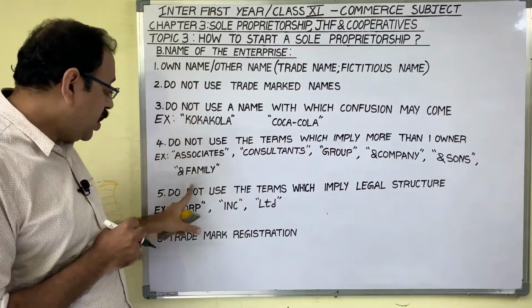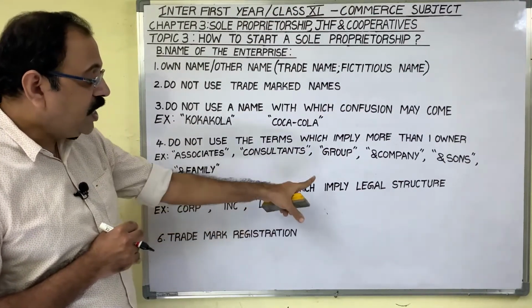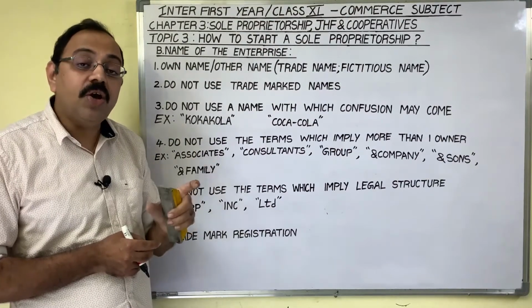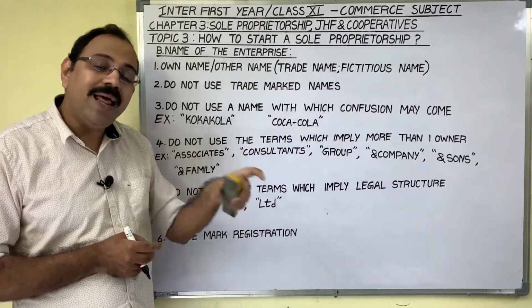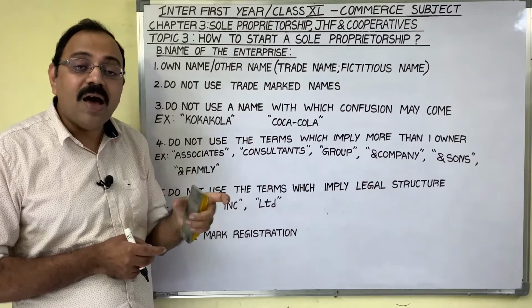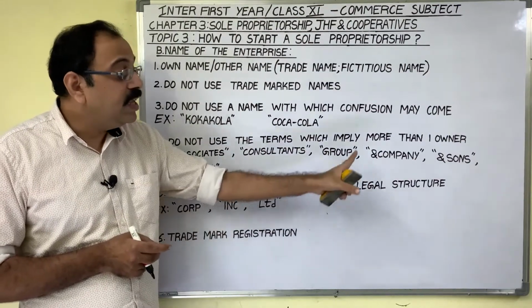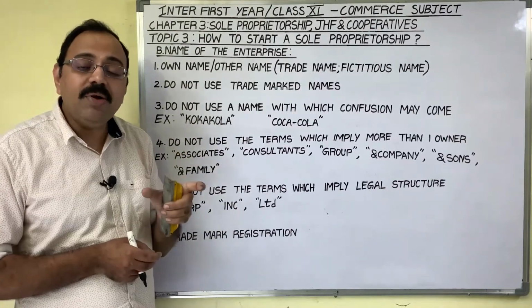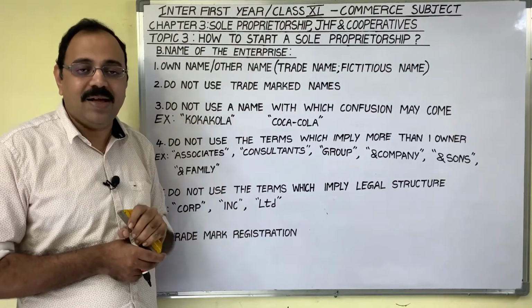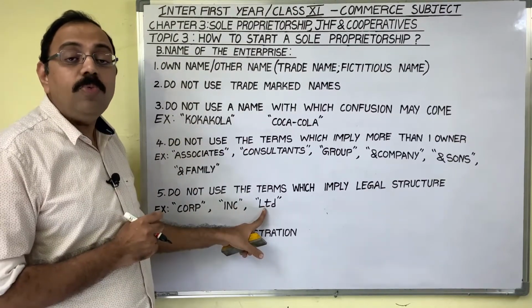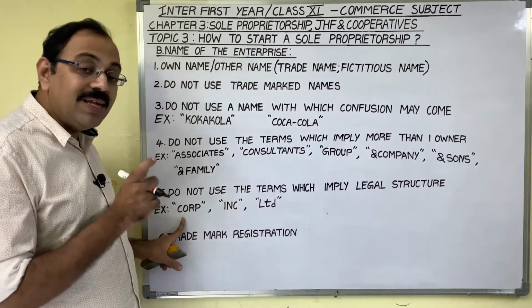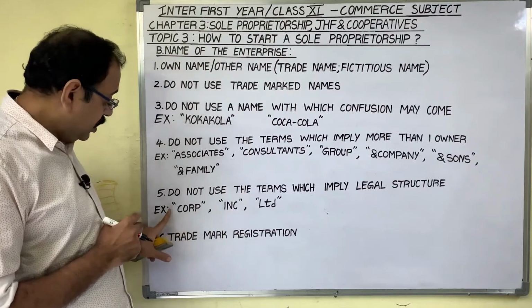The next one, do not use terms which imply a legal structure. If any organization is incorporated based on a separate act, then that organization possesses a legal structure. For example, a company. For a sole trading concern, there is no specific act like that. Therefore, a sole proprietor is prohibited from using these terms with his organization name.